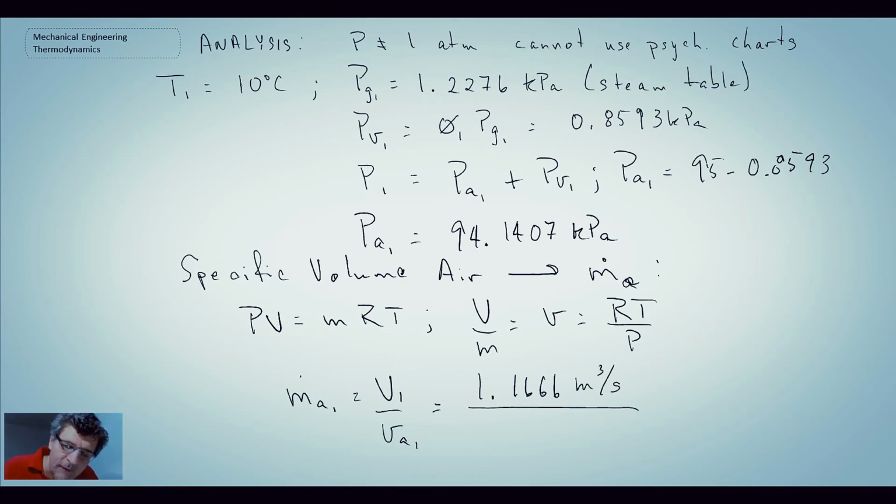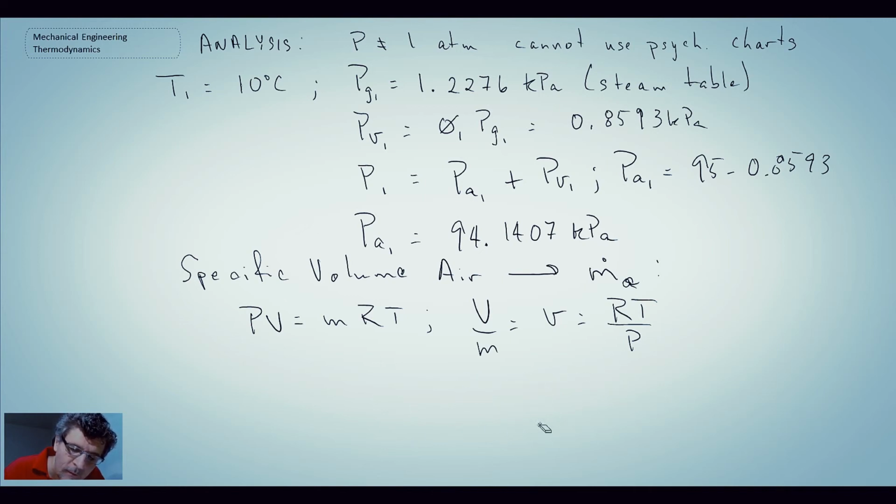I've written the volumetric flow rate in terms of meters cubed per second instead of minutes. Sorry, I've skipped a step here. The part that I missed was computing the specific volume of the dry air. 10 degrees C is 283 Kelvin.